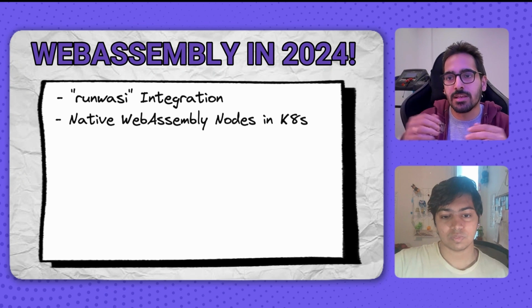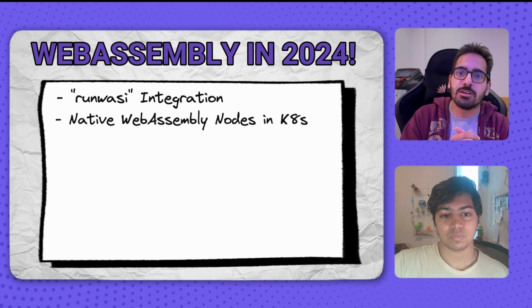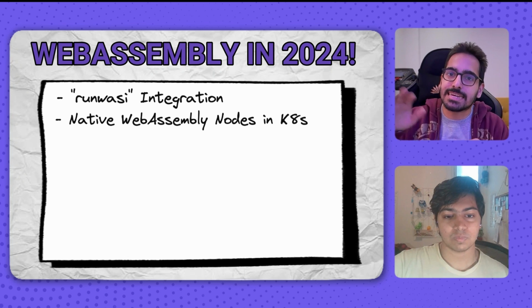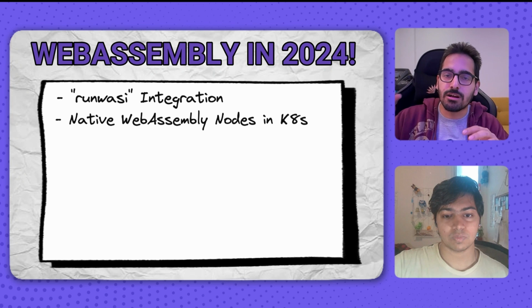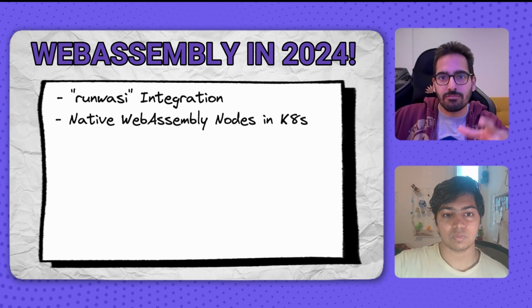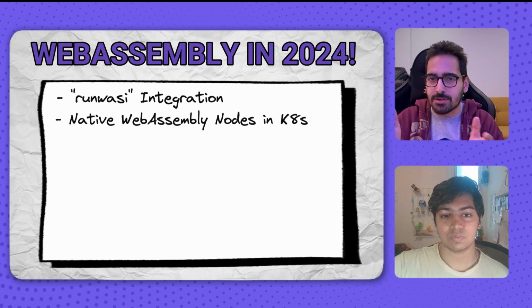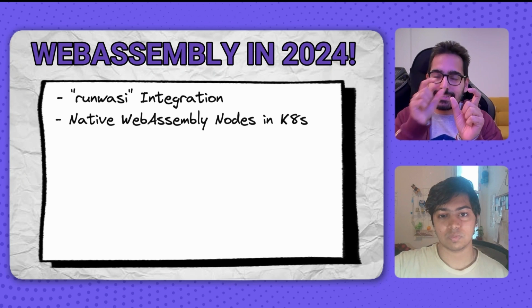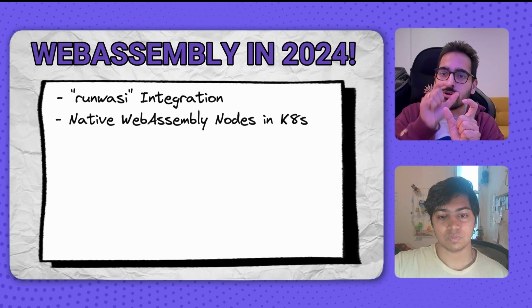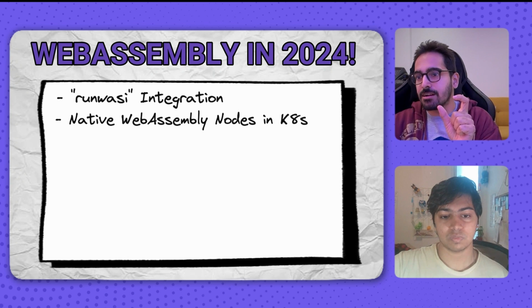What that means is you create a Kubernetes cluster, and you will be able to easily create a different node pool which has WebAssembly pre-configured, and you can just have a node selector or node name or whatever criteria you want to target that particular WebAssembly workload to the WebAssembly configured node.